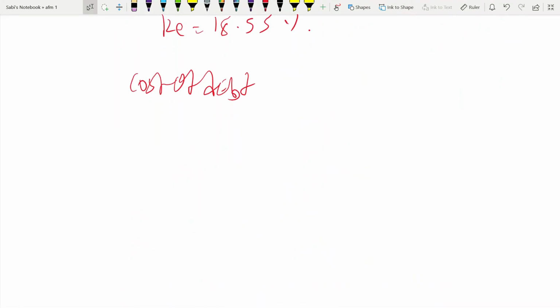Now, cost of debt. Definitely some of you might be thinking, why am I doing this here, why not on the CV platform, on Excel? Because anyway you are going to do it on a CV platform. For that I have an answer. The final question, an exam standard question on this topic, we are going to do on Excel on your CV platform.